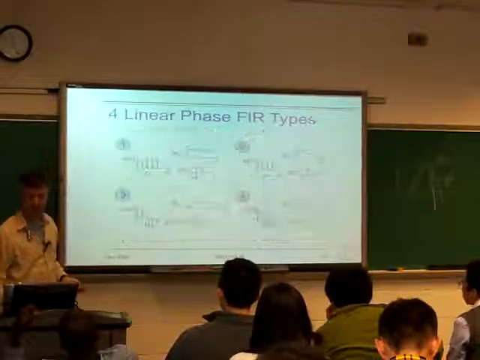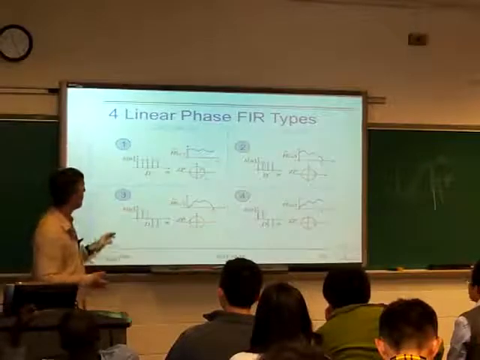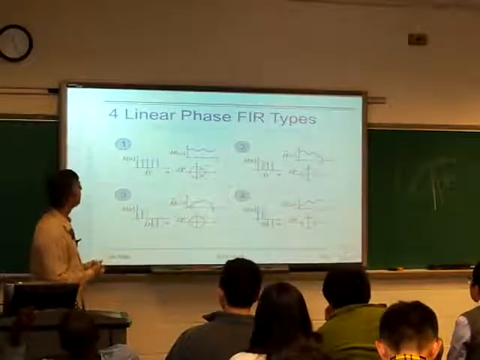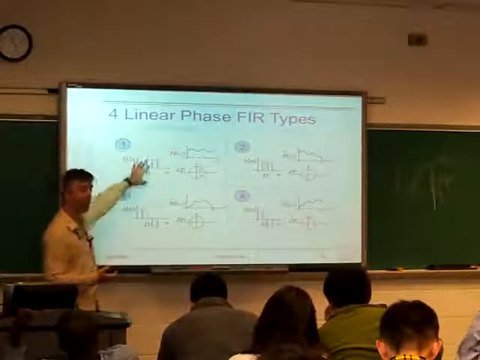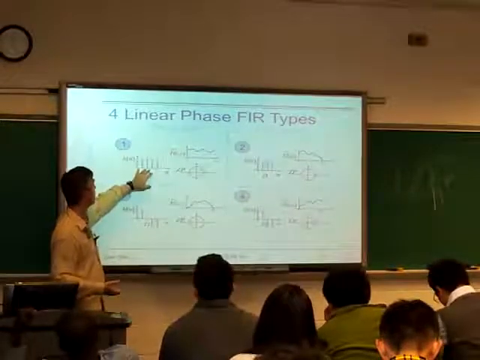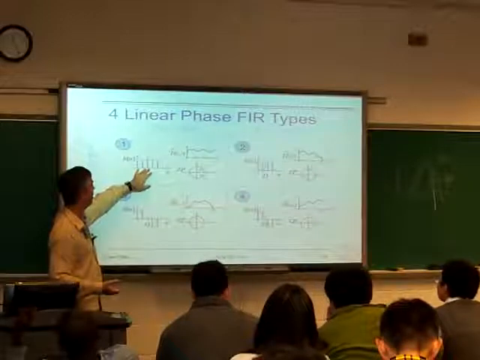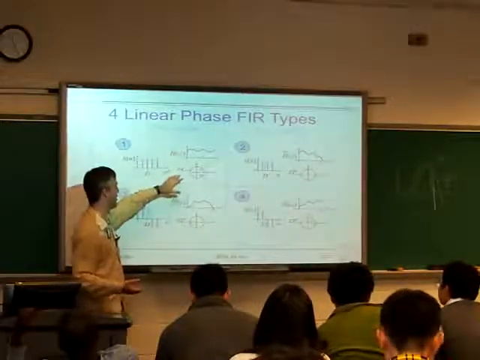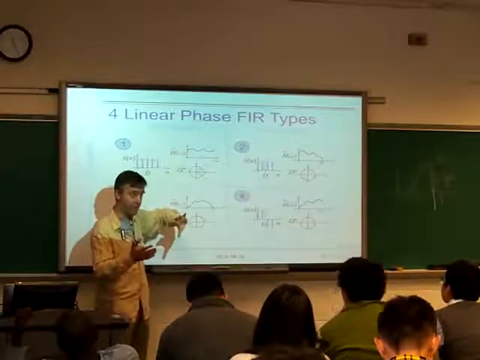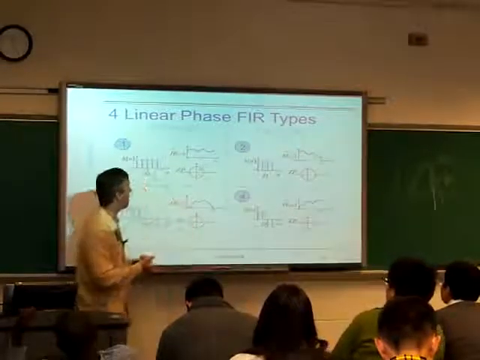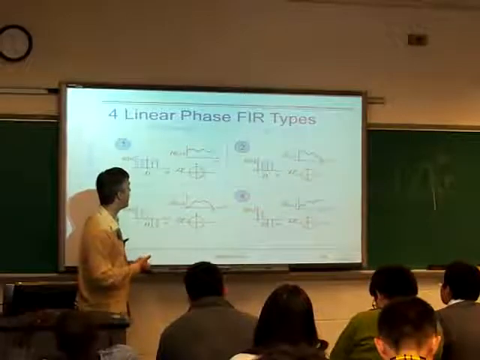Okay, so just to summarize again, we have the 4 linear phase FIR filters. This is the most flexible, the symmetric, odd length symmetric, because there are basically no constraints on magnitude response apart from the fact that it has to be built up out of a finite set of cosine bases.